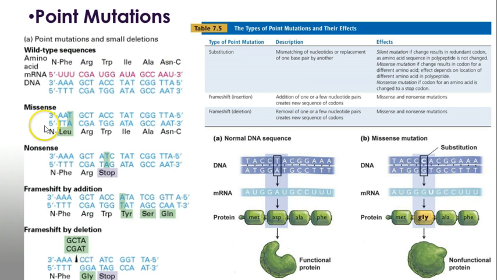Well, point mutations can occur in really two big types, but we're going to divide them into a couple of things. So first of all, you have a substitution. And in a substitution, one of these is changed into something else, right?